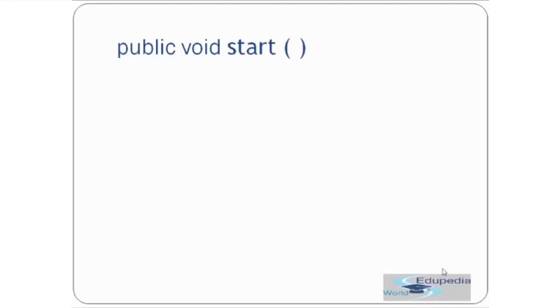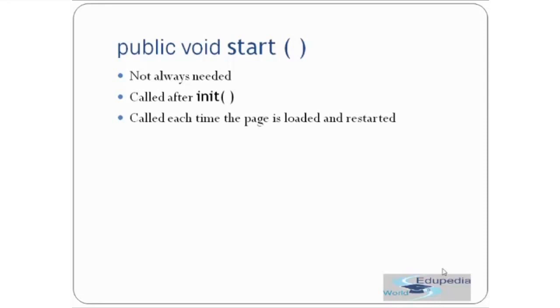The next method we are going to see is the start method. So it's public void start, and let's see what it does. It is not always needed. It's always called after calling the init method. It is called each time the page is loaded and restarted. Whenever a page is loaded or restarted, the start method gets called. It is used mostly in conjunction with the stop method.